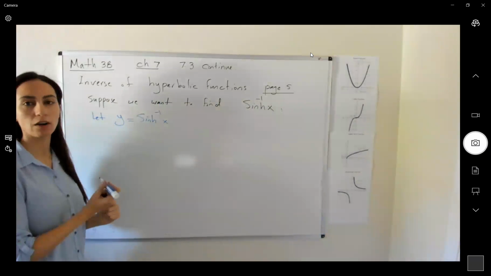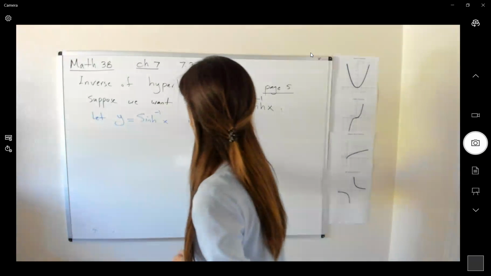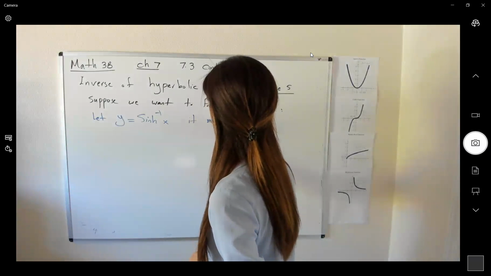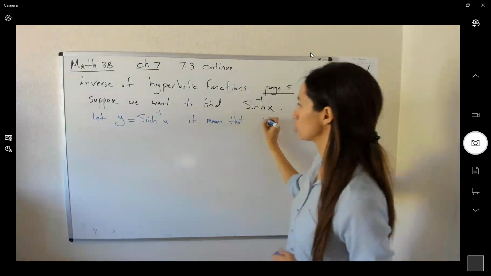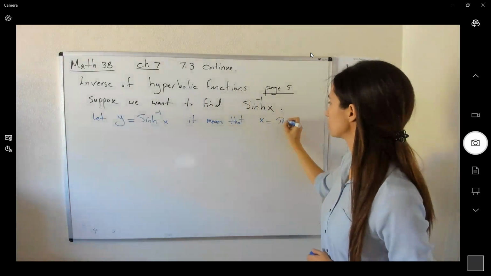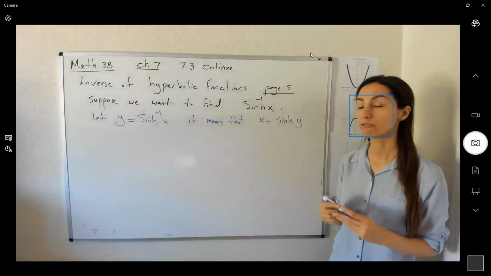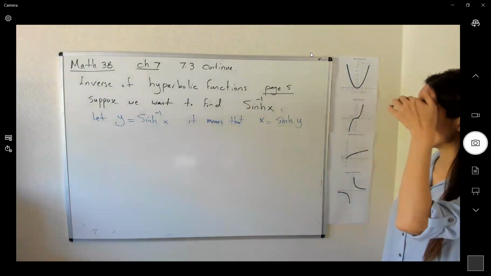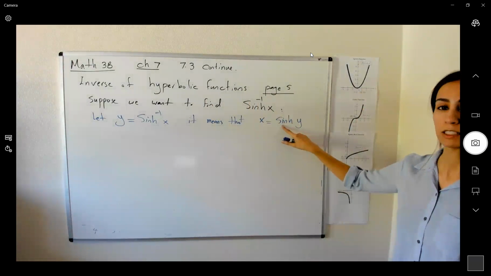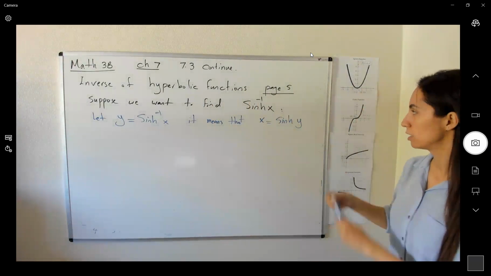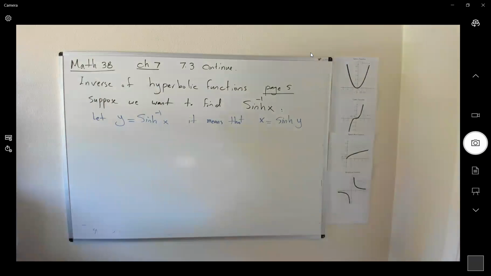What's the meaning of that? It means that your x is equal to hyperbolic sine of variable y. Very well. How did we define hyperbolic sine? Remember that hyperbolic sine is defined this way.